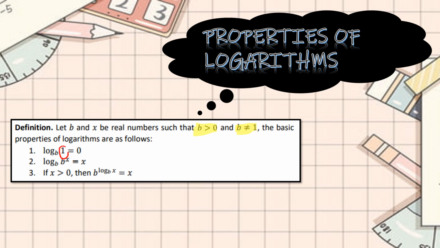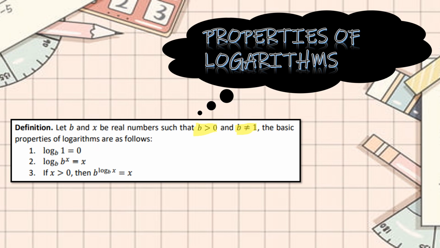So kapag may nakita kang 1 dyan, so ang laging answer mo lang is 0. Diba? Kapag sinulat kasi natin to as exponential form, so base raised to 0 equals 1. Diba? Any number na i-raise mo kay 0 ay equal lang kay 1. So, same lang din as logarithm. So, kapag may 1 dito, ang answer lagi doon ay 0.